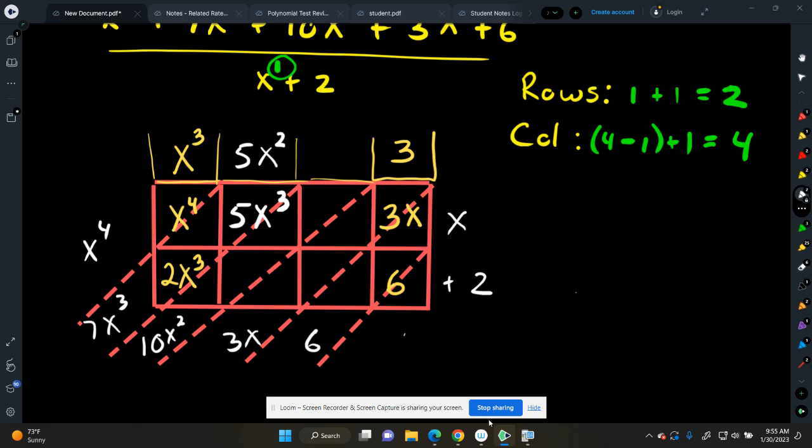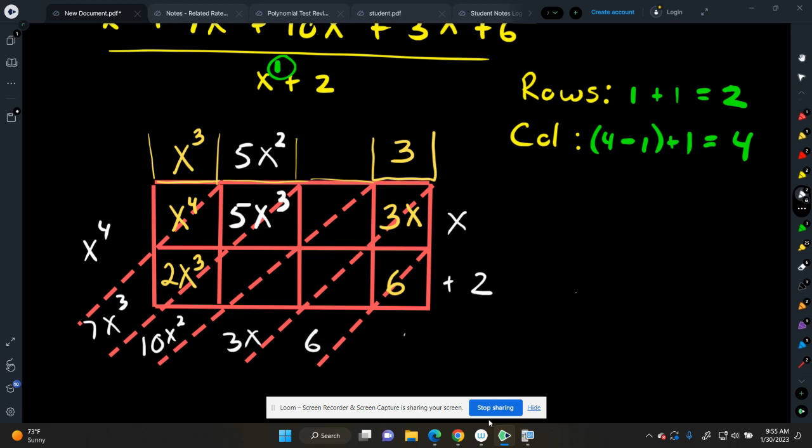Well, you're on a different row then. We didn't get there yet. Where'd you get this 7? How'd you get 7x squared? Did you get 5x cubed in this box? Okay. So how did we get the 5x cubed? Who can explain that to me? Brooke, can you explain that?